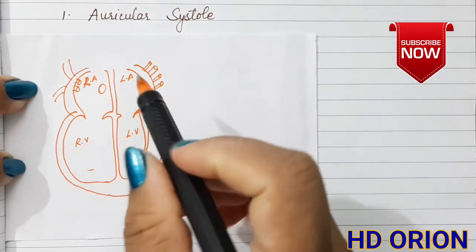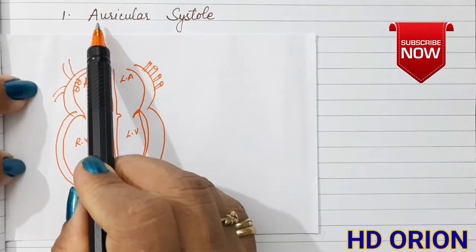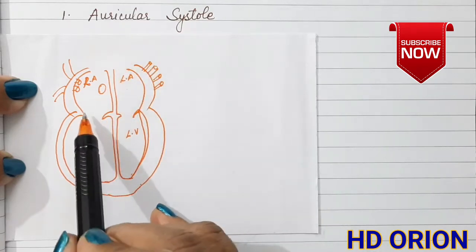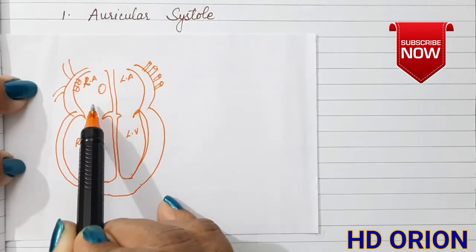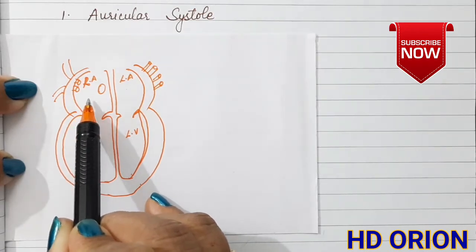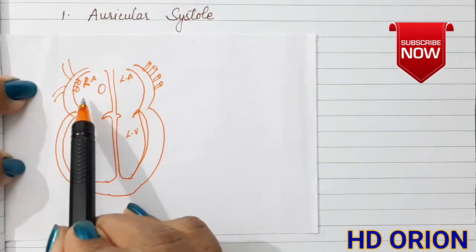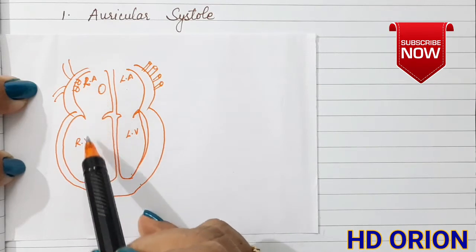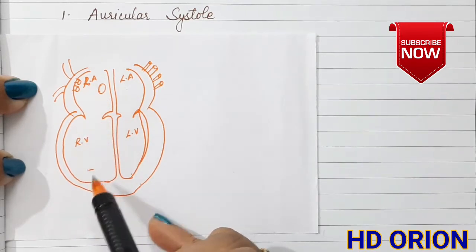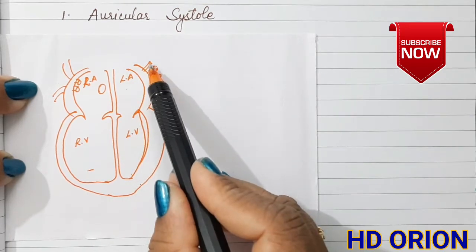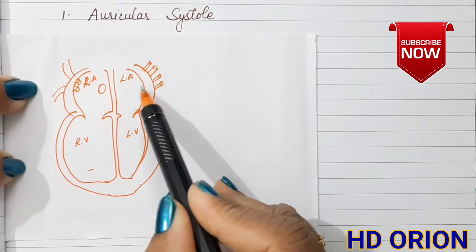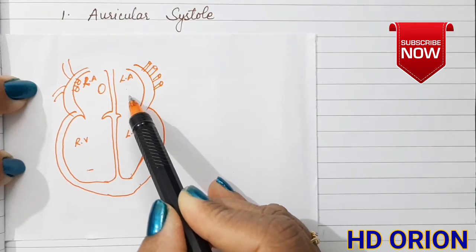We are studying the first step, the auricular systole. I am concerned right now with the two auricles, which are filled with blood. The blood is brought by the veins into the right auricle, because the right side always carries deoxygenated blood while the left side always carries oxygenated blood. So the oxygenated blood from the lungs fills the left auricle.